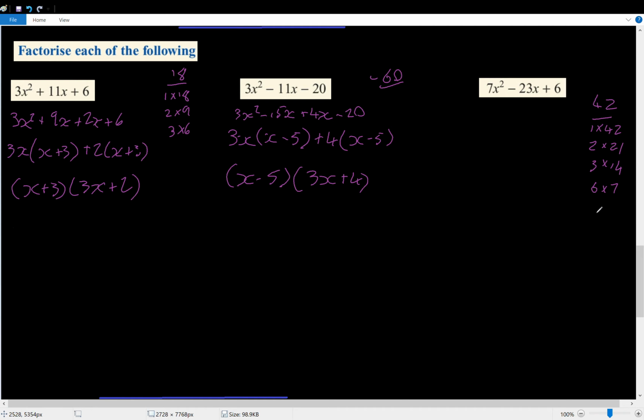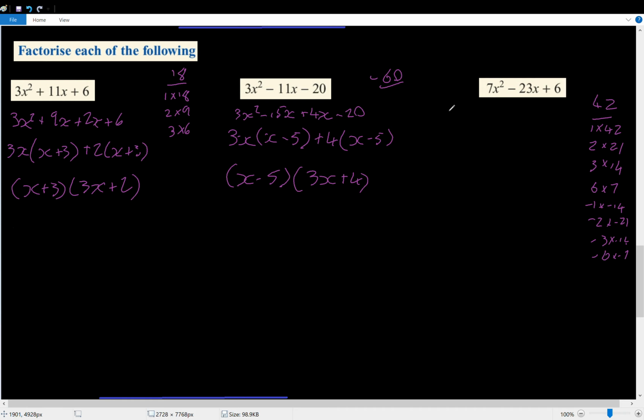And then we're going to have the negative version of all of them. So minus 1 times minus 42, minus 2 times minus 21, minus 3 times minus 14, and minus 6 times minus 7. And we're going to use minus 2 times minus 21, because minus 2 minus 21 gives us minus 23.